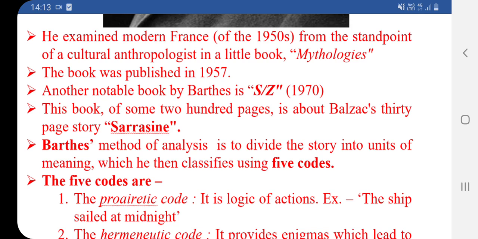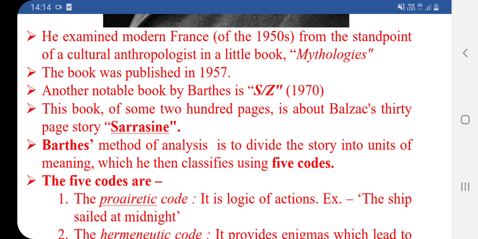Now S/Z is a book of around 200 pages, and the book analyzes just a 30-page short story, Sarrasine. As you can see, the story Sarrasine is about 30 pages, but when Barthes analyzes the story, he makes the analysis around 200 pages. So that's a vast book.